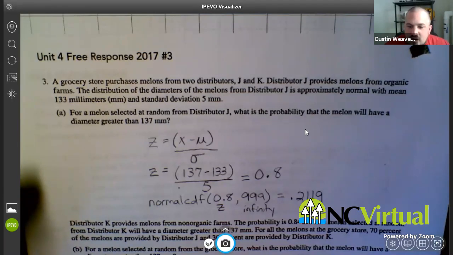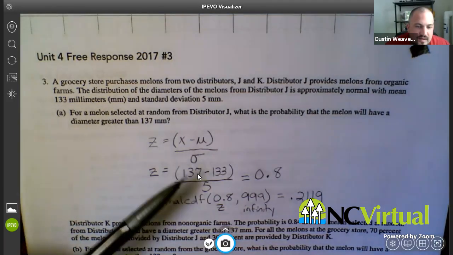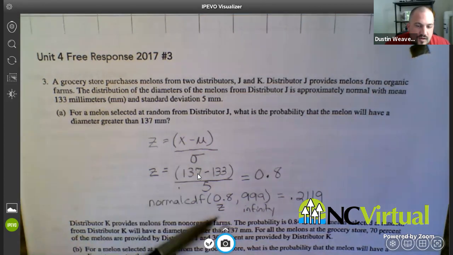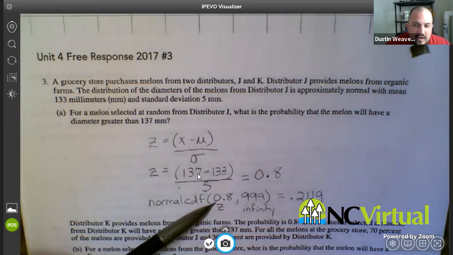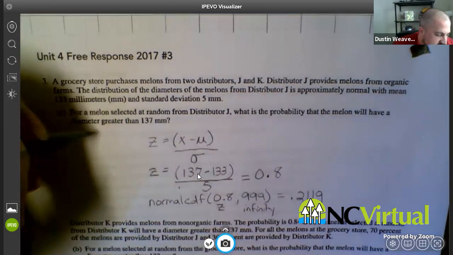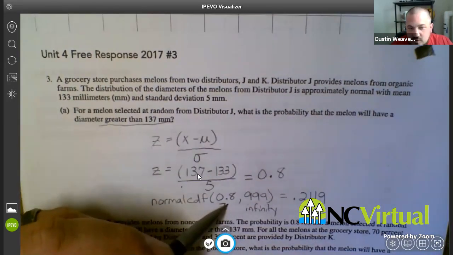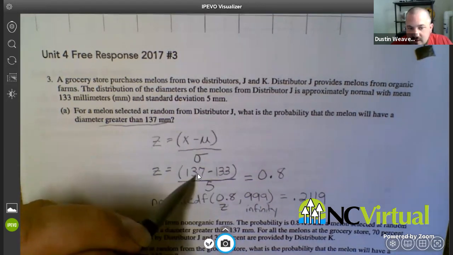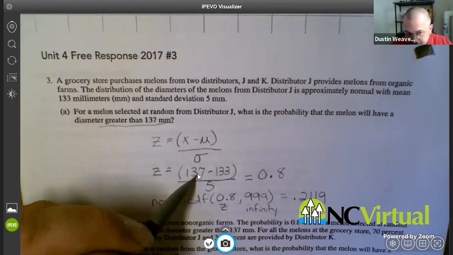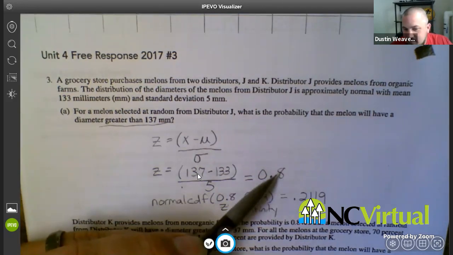Why would you use the z-score as the lower bound? Because basically the z-score, that's the lowest you want to go, because the diameter needs to be greater than 137. A melon that has a diameter of 137 is a melon with a z-score of 0.8.